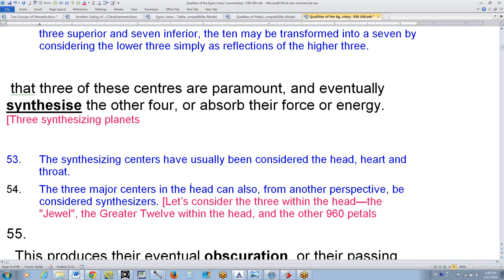Three aspects, and ultimately the head is the synthesizer.